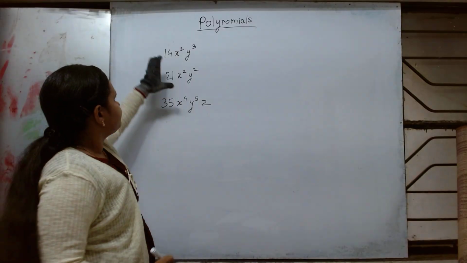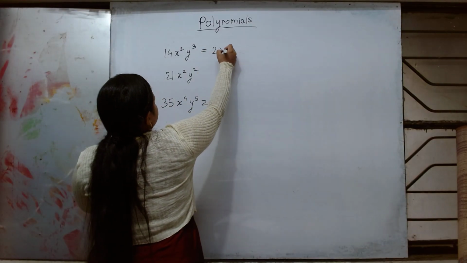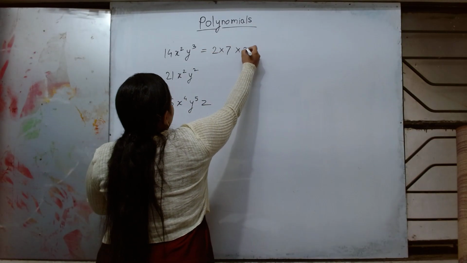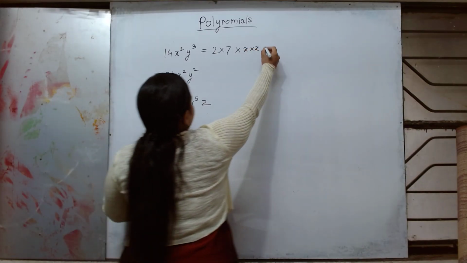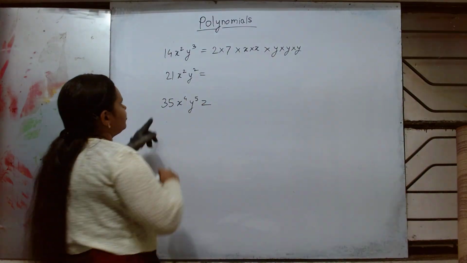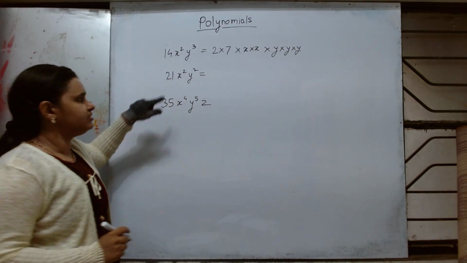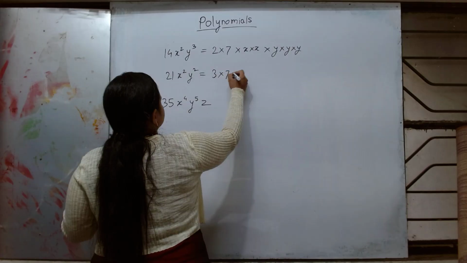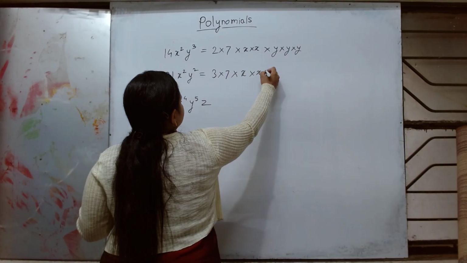So the factors for these are: 2 into 7 into x, x is 2 times, y is 3 times; for 21, 3 sevens are, and x is 2 times, y is 2 times.